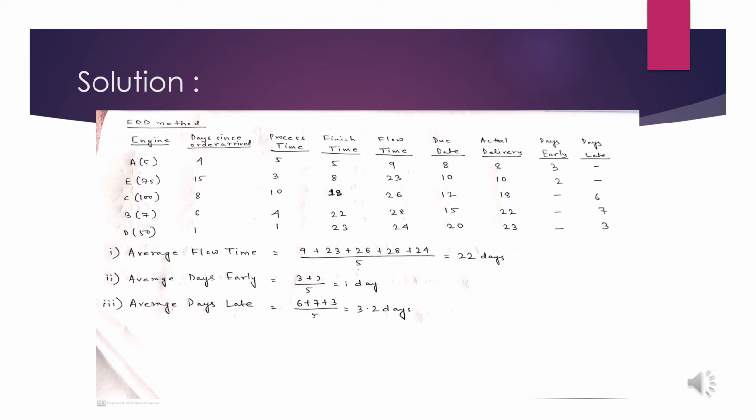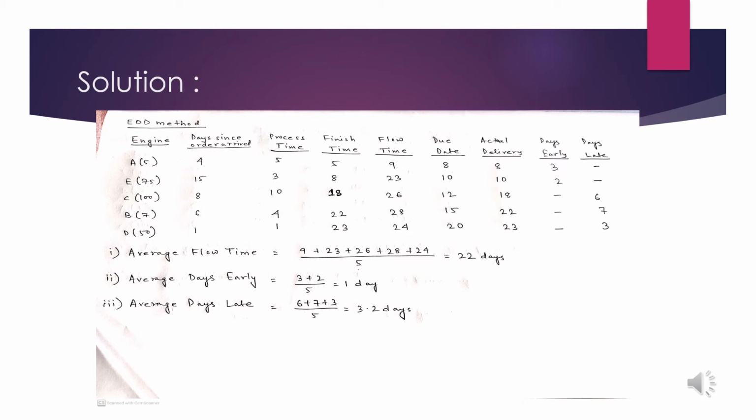Coming to the last work, D, the due date is 20, but the work has been completed at 23. So the actual delivery of D will be at 23, which gives days late of 3.